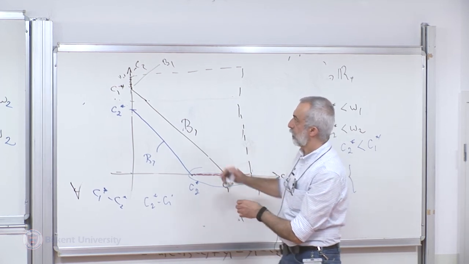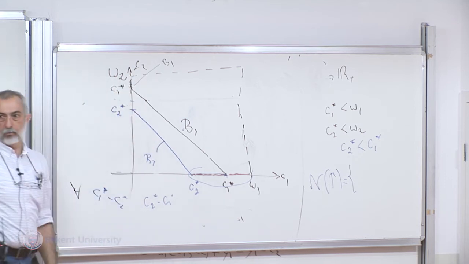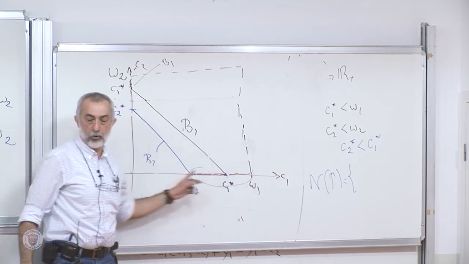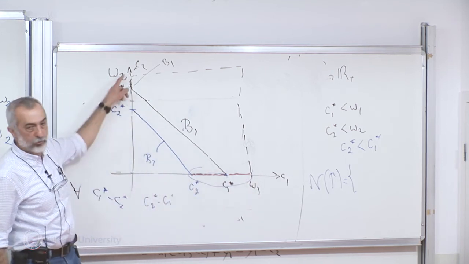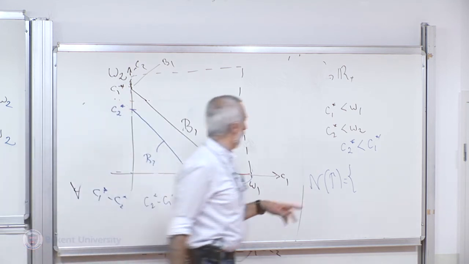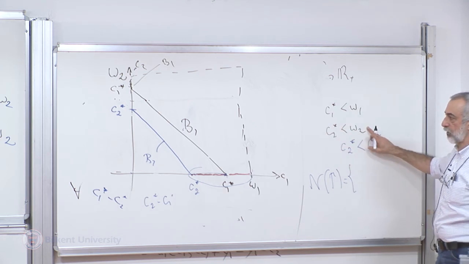What should go up to W? So this is W2. So player 1 chooses a strategy between 0 and W1. Player 2 chooses a strategy between 0 and W2. So by the way, we assumed C1 star less than W1, C2 star less than W2.